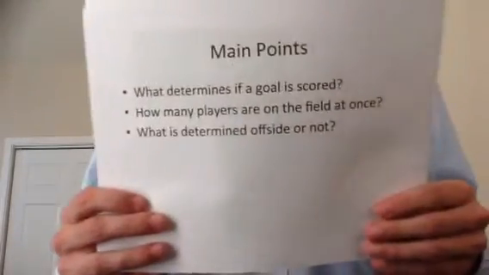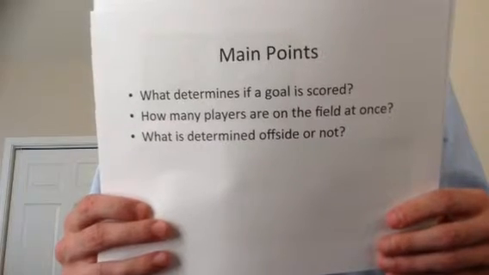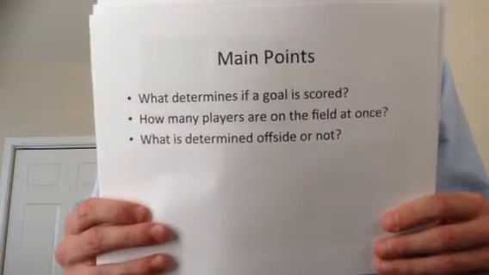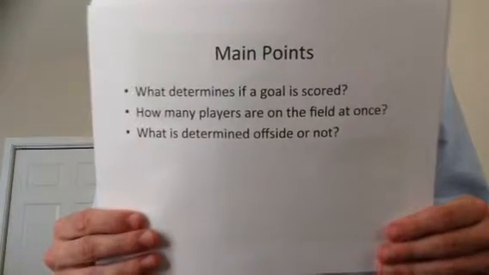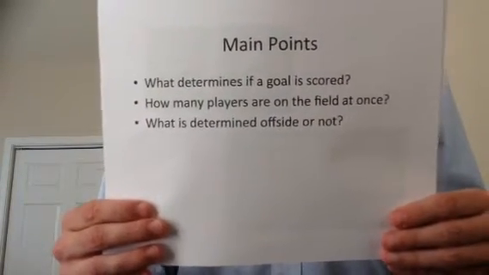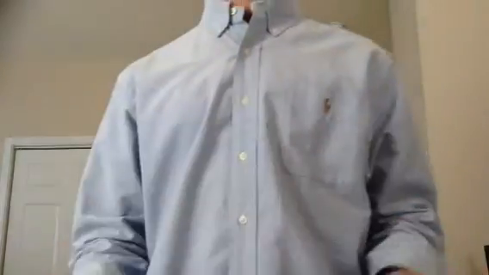Now, my 3 main points I'm talking about today is what determines if a goal is scored, how many players are allowed on the field at once, and what is determined offsides or not.